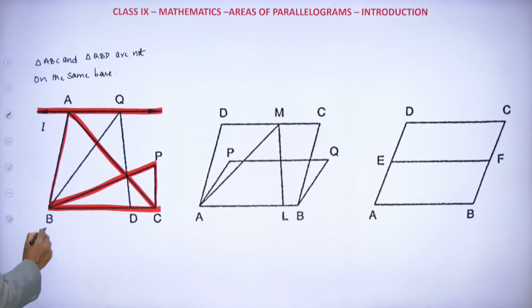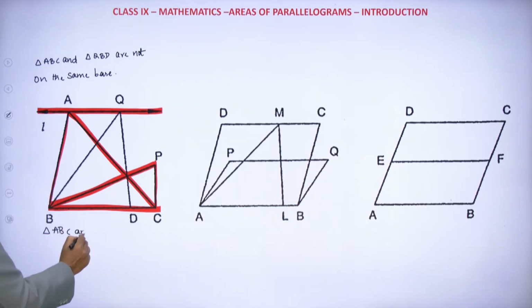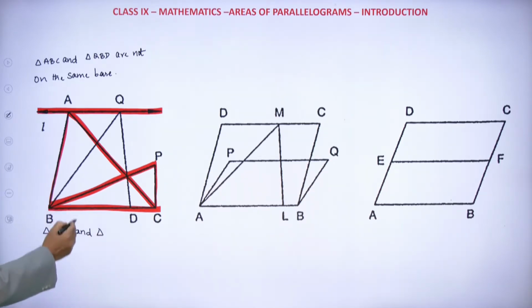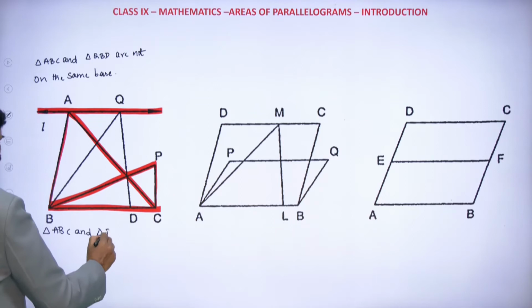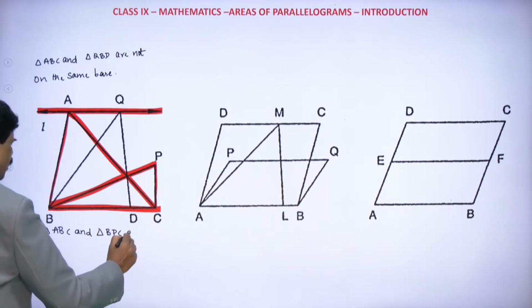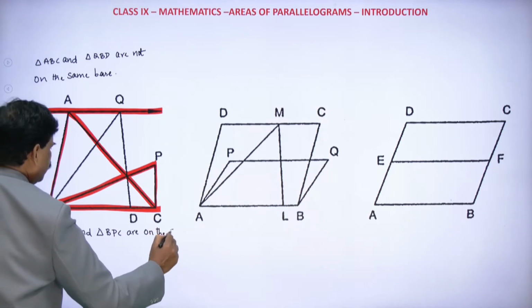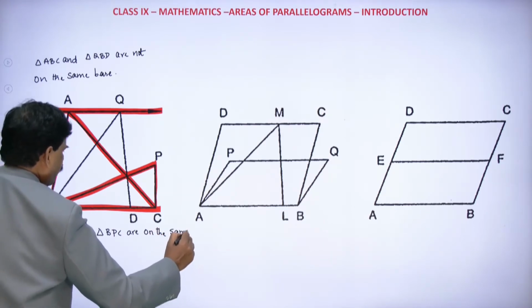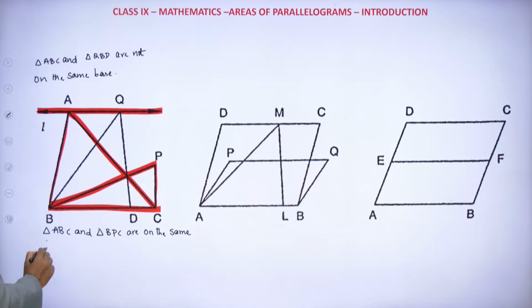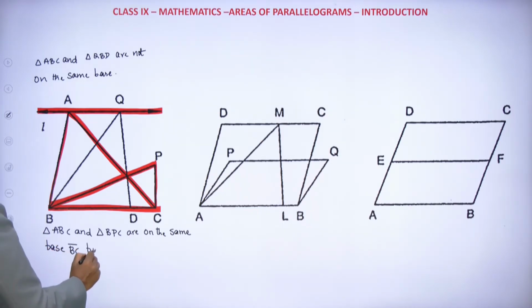Triangle ABC and triangle BPC are on the same base BC, but not between the same parallels.